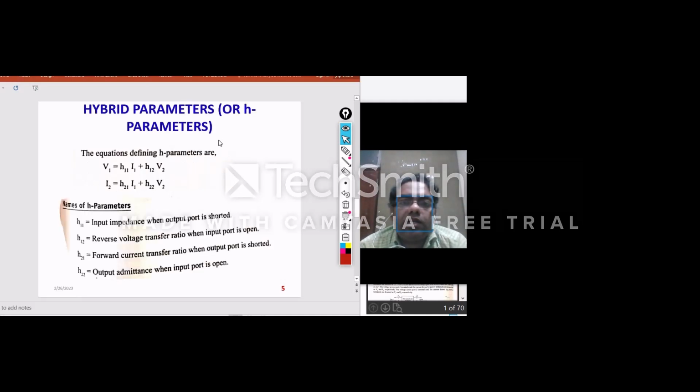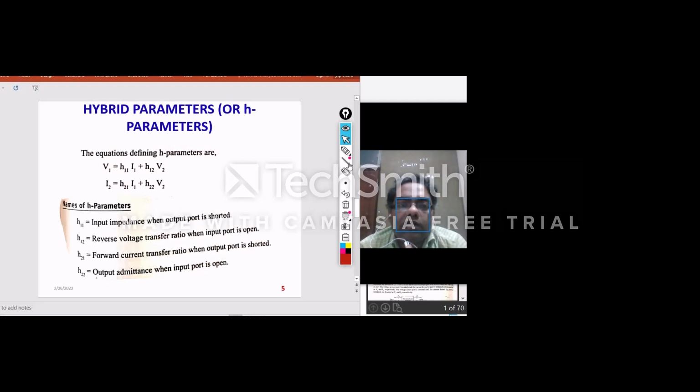Similarly, we have another parameter which is called the hybrid parameter or H parameter. It is defined as V1 equals H11 I1 plus H12 V2, and I2 equals H21 I1 plus H22 V2, and that is how these four parameters are defined. H11 is input impedance.